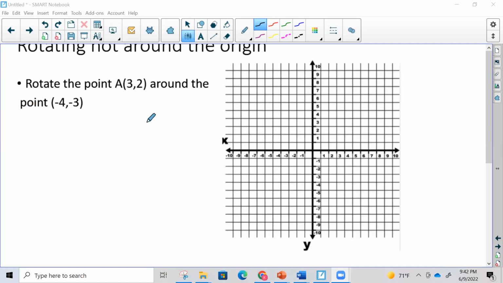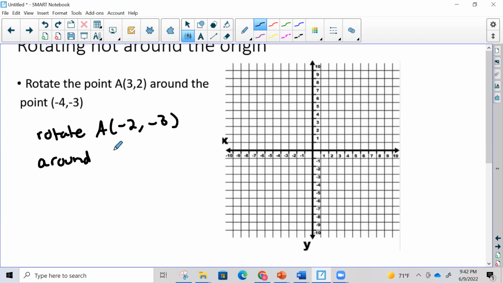Let's say I'm going to rotate a new point, -2, -3, around 2, 3. So I'm going to rotate this point around that point 2, 3. So 2, 3 is here, and -2, -3 is here, and that's my A.